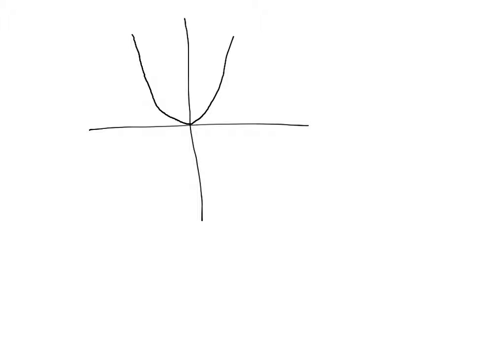The whole idea of inverse functions is we want to undo what we've done, right? And so what have we done to -2? We've turned it into 4. And what have we done to +2? We've also turned it into 4, right?